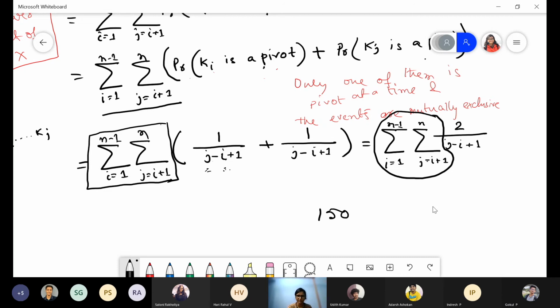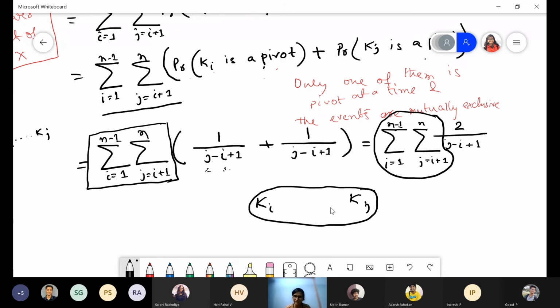Now we have told me something I can explain. Maybe in this way this will be better. So in this case we can consider that Ki to Kj is one partition.